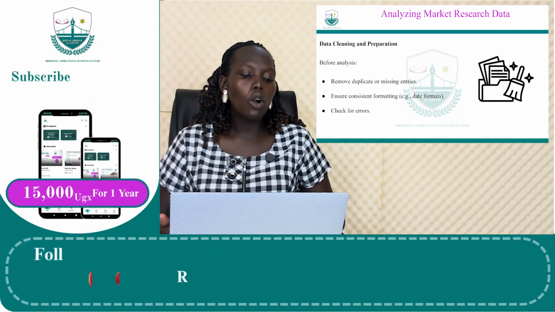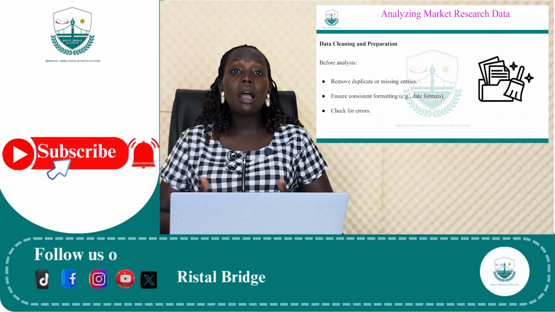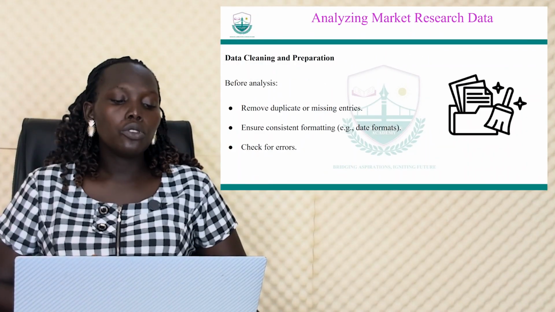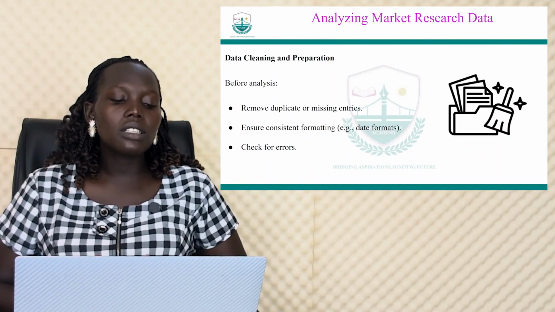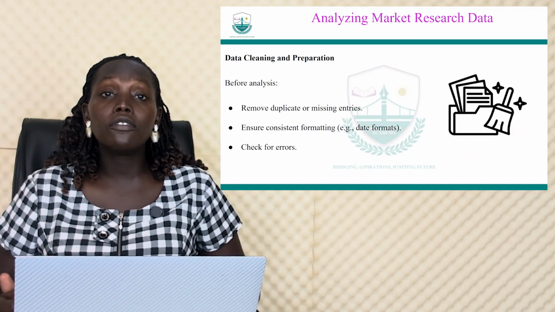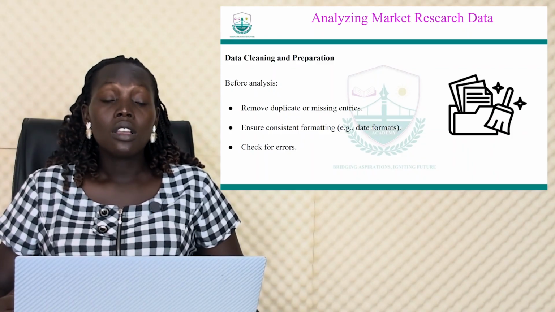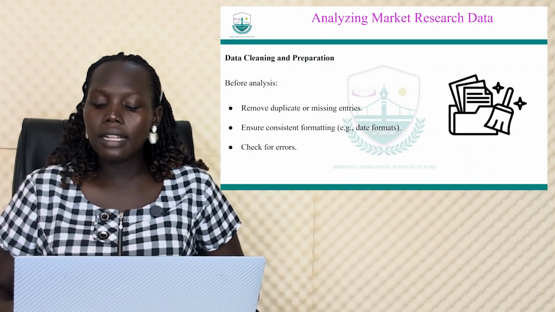And then we need to ensure consistent formatting. For example, the date formats, you have to see that they are consistent. And then you also need to check for errors before analyzing this data.